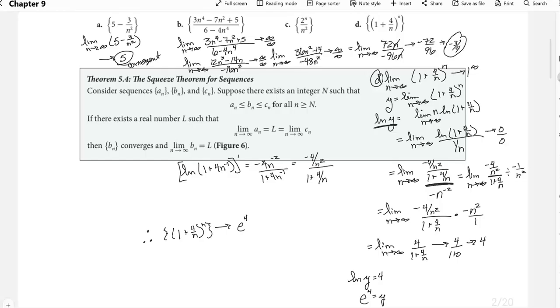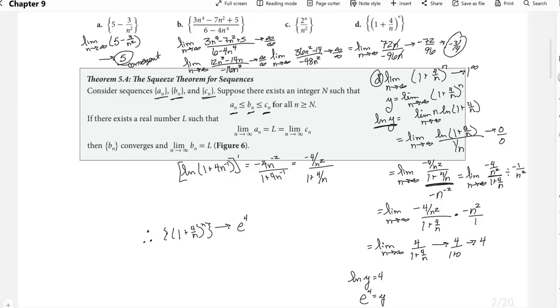Sometimes we'll need to apply something called the squeeze theorem to a sequence to figure out what's happening. So let's say we've got 3 sequences, A sub n, B sub n, and C sub n. And there's a place where B sub n lives between A sub n and C sub n.